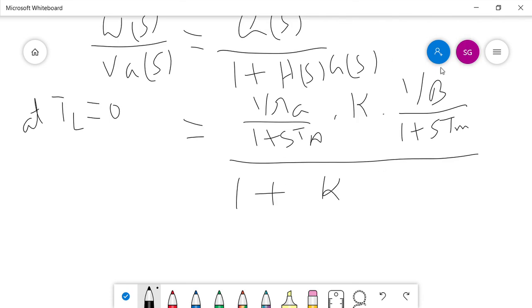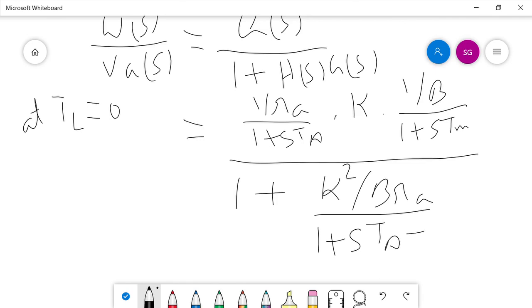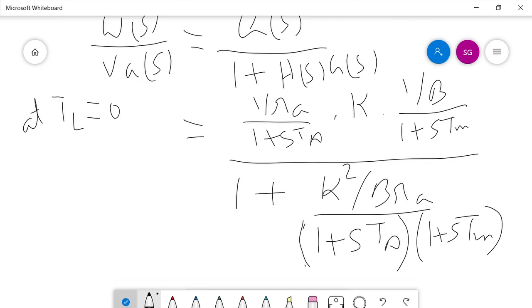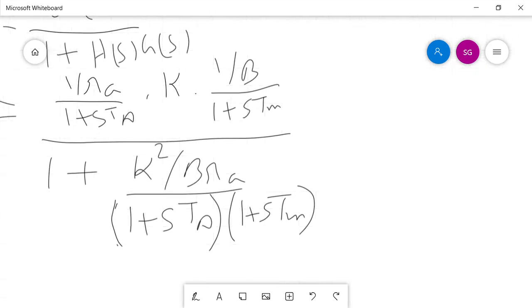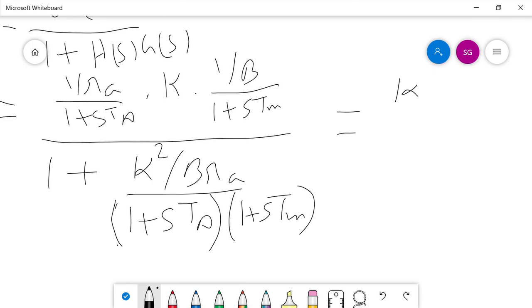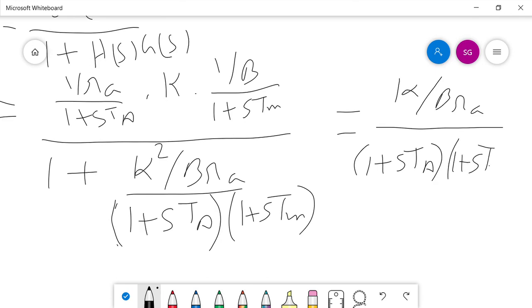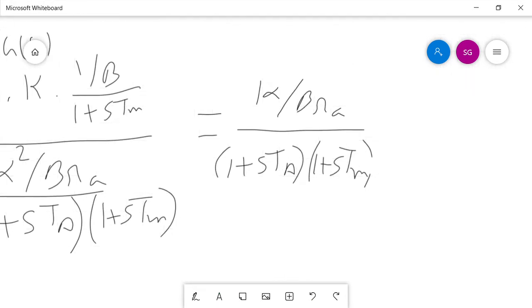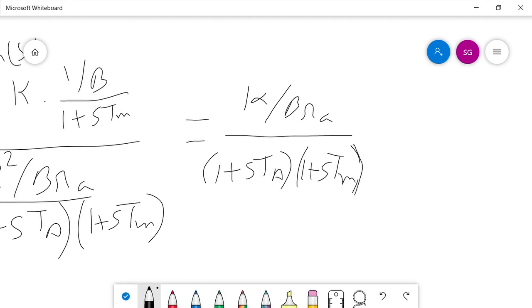So GS is this part, so we can write this as K by BRA divided by 1 plus STA into 1 plus STM, plus K square by BRA.